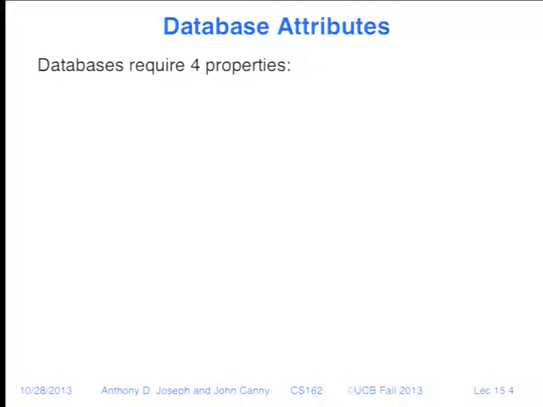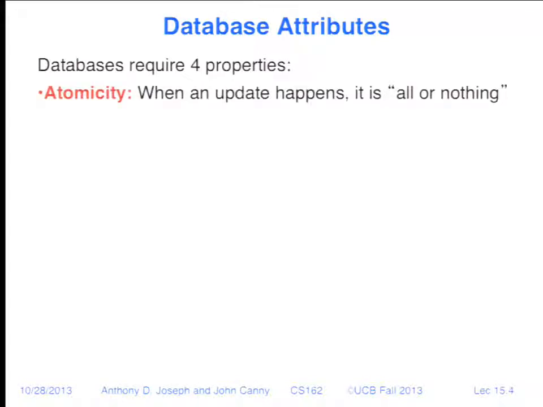So in databases, you typically have four requirements, right? There are ACID requirements, which are atomicity, which is that every update should be in the form of a transaction. So either the whole change happens, all of the indices that are affected get updated, or none of them. It's either no operation or a complete operation.